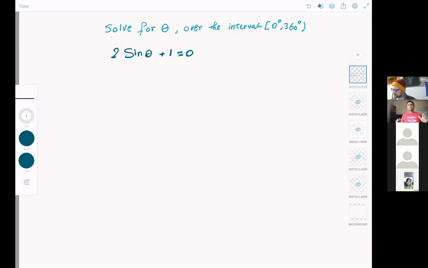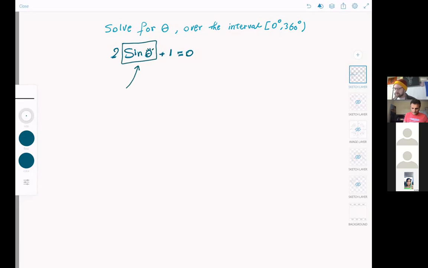So we are dealing with trigonometry. And one of the techniques we just learned is that we need to isolate whatever function we have. They ask us to solve for theta, and sine is connected to this, correct? So this should be on one side of the equal sign.